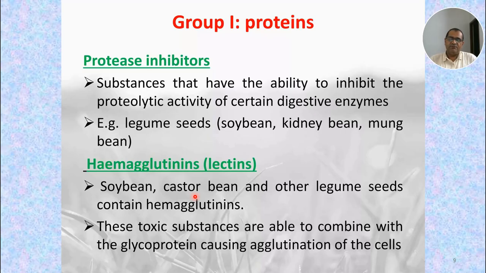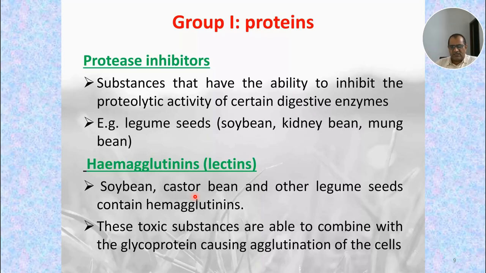For example, if a castor bean is administered to the animal, then there is a chance that these may cause sudden death. Of course, the castor beans also contain the castor oils, which have super purgative activity. But whenever the castor bean cakes are consumed by the cattle, then they may suffer from different types of toxicities which are due to the presence of hemagglutinins.